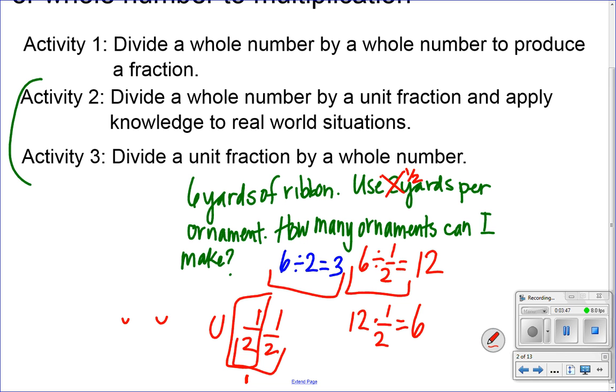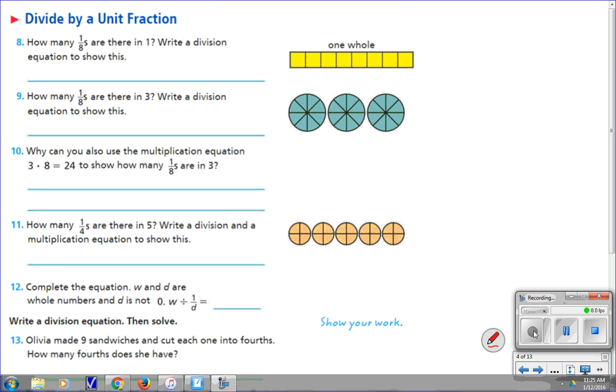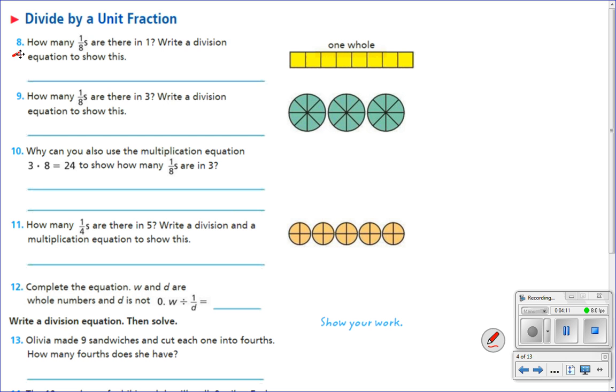So taking that thinking of how many halves are in 6, we also have to go back to that making generalizations lesson where we had to think about the factor being less than or greater than to kind of understand where this all plays out. So how many 8ths, looking at this problem right here, how many 8ths are there in 1? Write a division equation. This is where we're going to understand it by pictures.